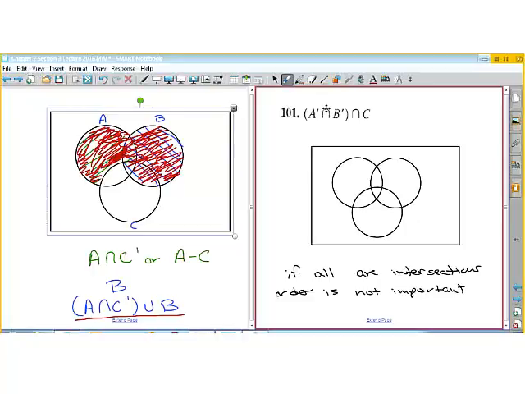So I can write this as complement A, intersect complement B, intersect C, or I can write it as C, intersect complement A, intersect complement B. I've just changed the order. There's two complements and one that's not a complement.